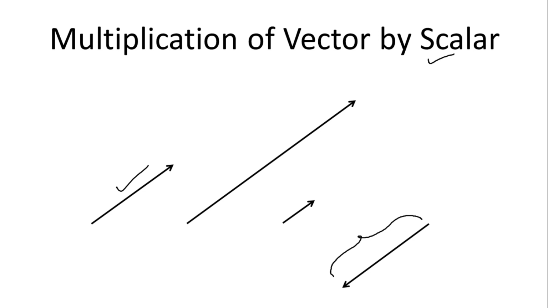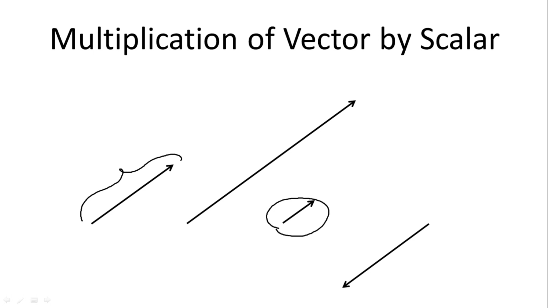And here is the case where we have a positive scalar, but its value is less than 1. So whatever the magnitude was earlier for the original vector, that magnitude has reduced in this way.